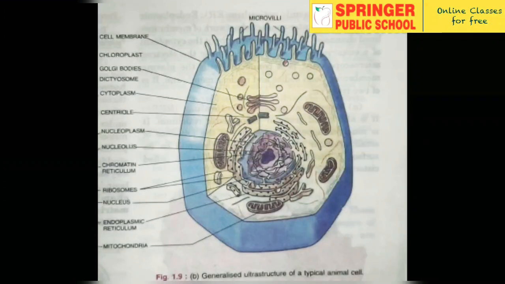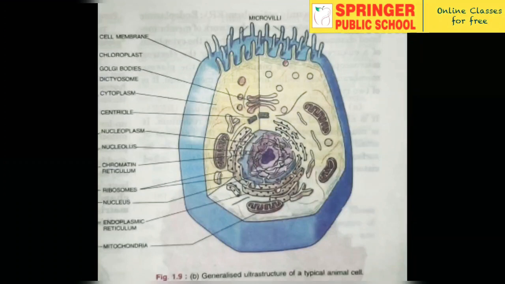Cytoplasm, which is the reservoir for all the cell organelles, is present here. Centriole you can see, which I have taught you is responsible for cell division. You can see the nucleus is present in the center. Then the ribosome, responsible for protein synthesis. You are much familiar with that. Then mitochondria, the big one, which is the powerhouse of the cell. So this is all about the structure of the animal cell.